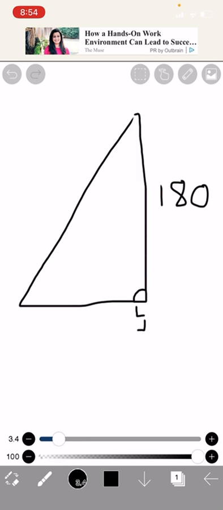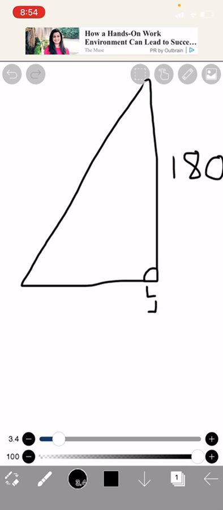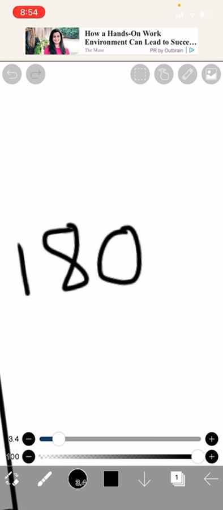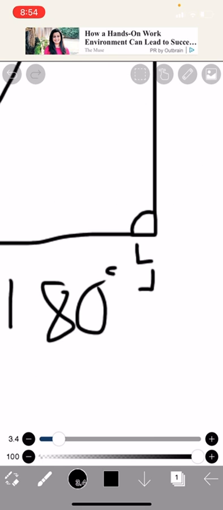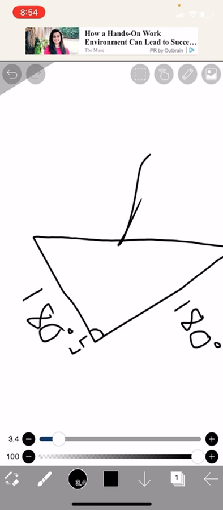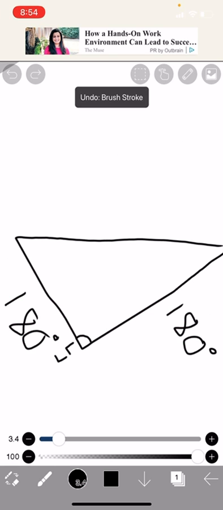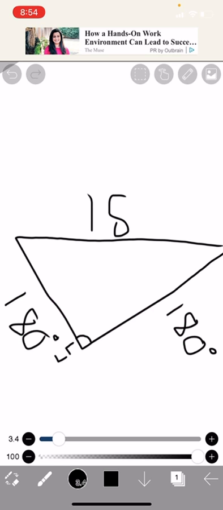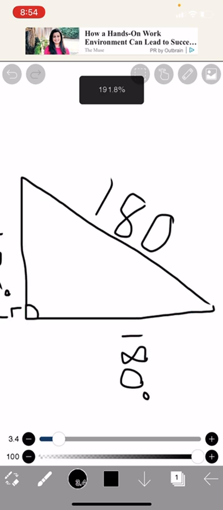And this side is also 180. Well, if we're using degrees, we're going to have to figure this one out right here, which, to be a surprise, is also 180.